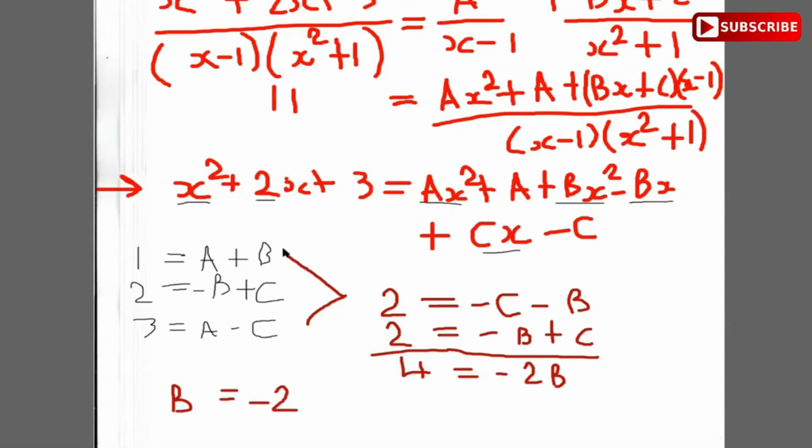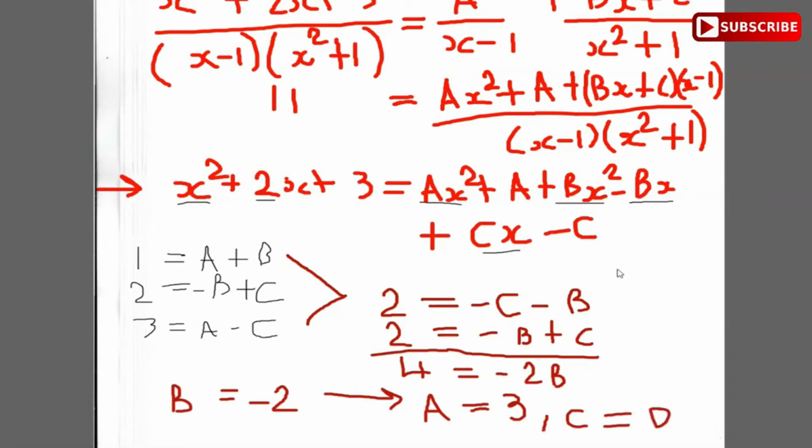So if I have negative 2 here, I can bring over negative 2 to get positive 3. And so if B is negative 2, then A is 3. If A is 3, then 3 minus C is 3. And so C must be 0.